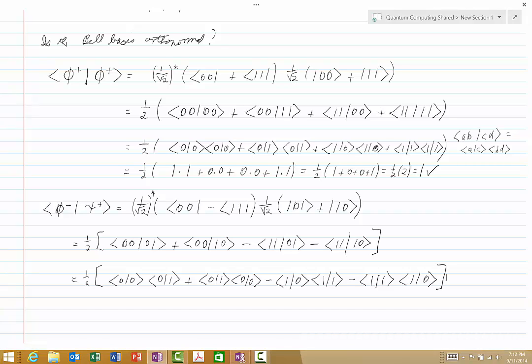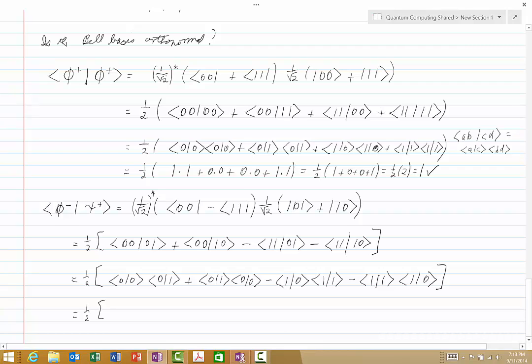And again, just to make sure you follow that, we take the first numbers. These are the states of the first electron, so we take those inner product with each other, and then 0 and 1 for the second electron down here. 0 and 1 for the first electron, 0 and 0 for the second electron. 1 and 0 for the first electron, 1 and 1 for the second electron, and finally 1 and 1 for the first electron, 1 and 0 for the second electron. And now let's simplify this.